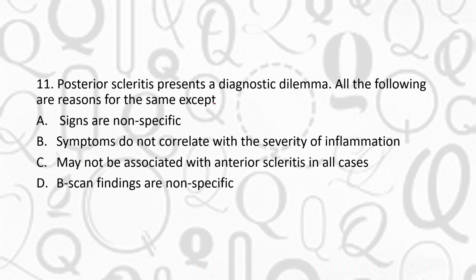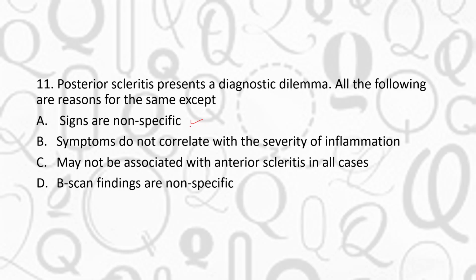Posterior scleritis presents as a diagnostic dilemma. All of the following are reasons for the same, except signs are non-specific. Yes, the signs may be very non-specific. See, in anterior scleritis, you get a nodule or you get a scleral redness, you get congestion, you get scleral edema.